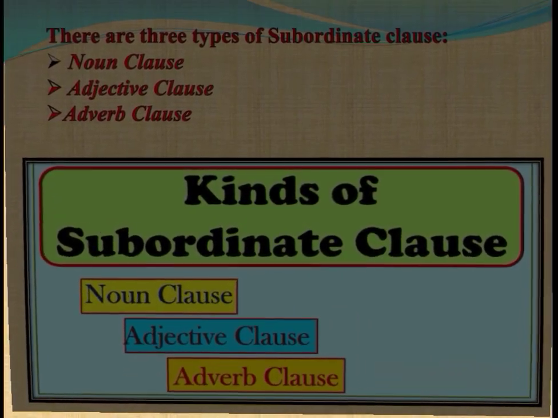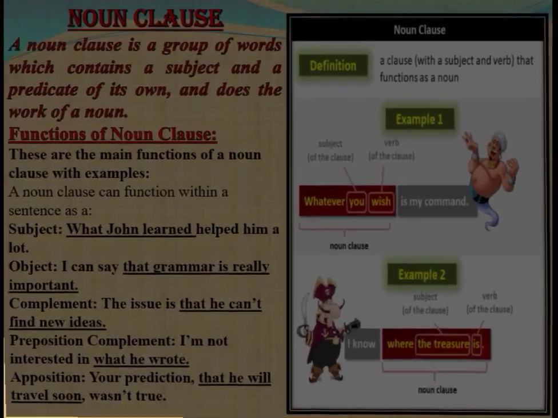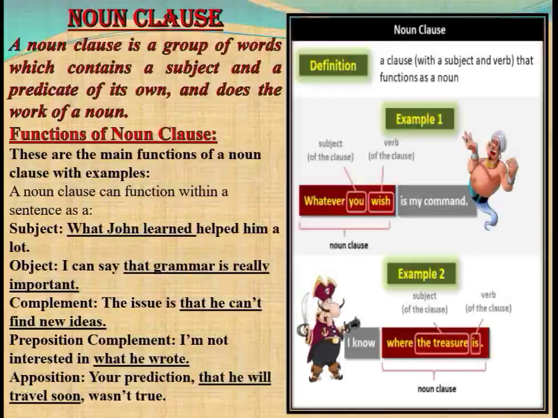Now we will have a brief idea about the types of subclause. The first one is noun clause. Noun clause will act as the noun in our sentence. Noun clause tells us what a person thinks, what a person says, what a person asks.